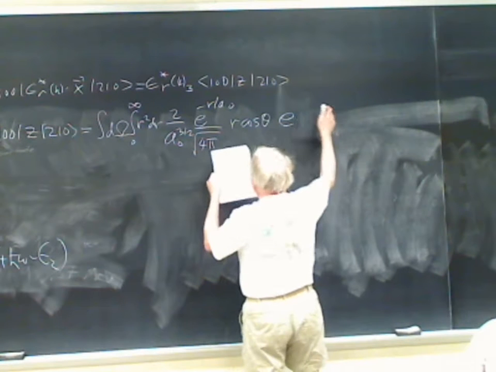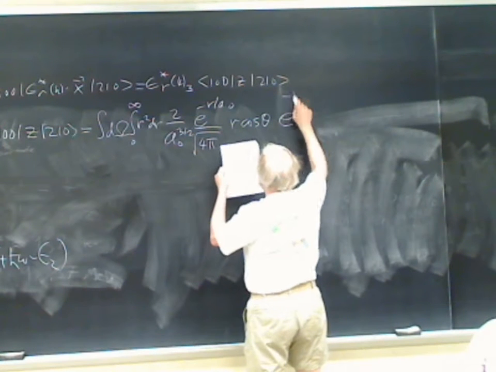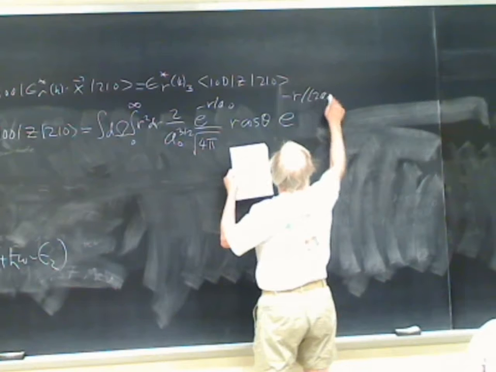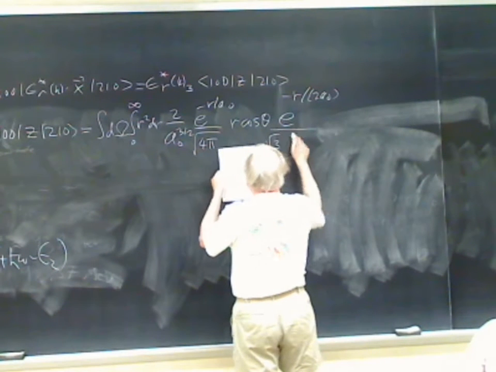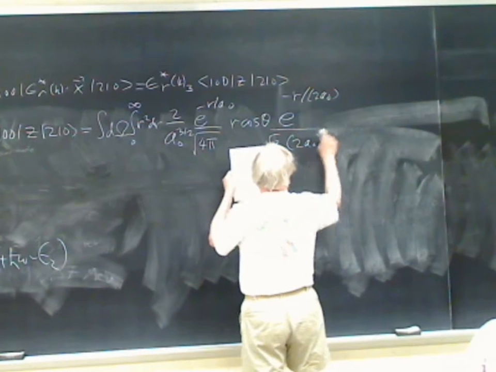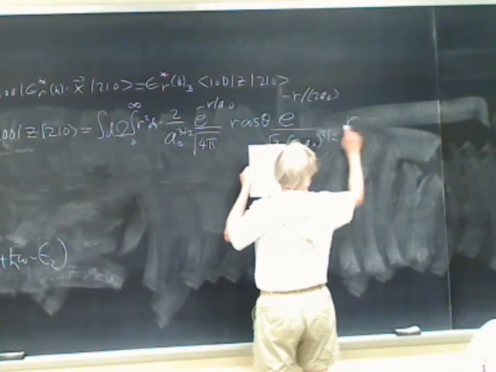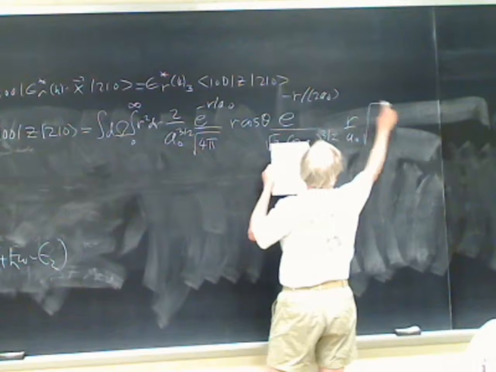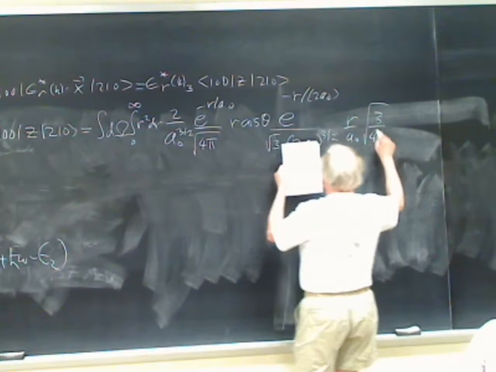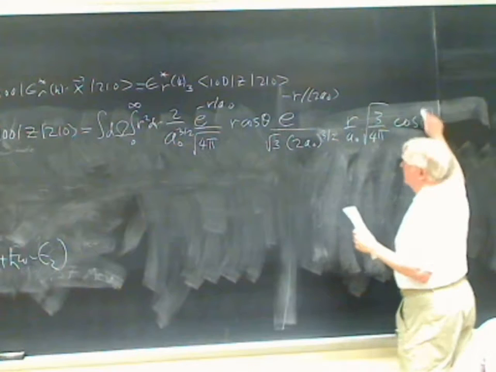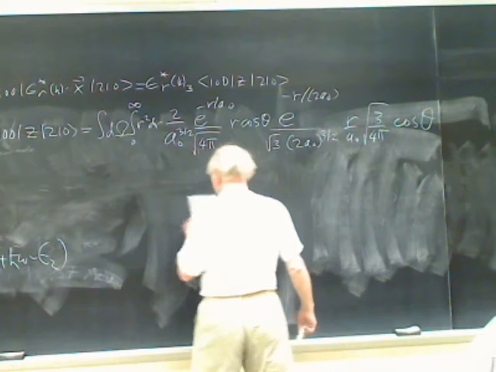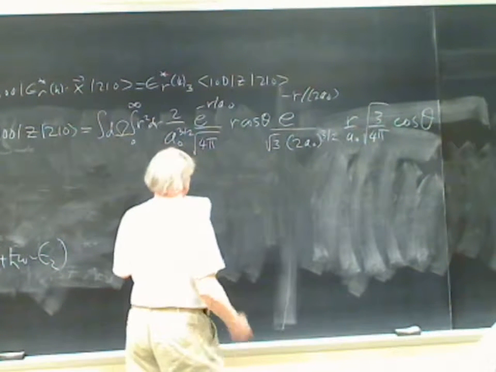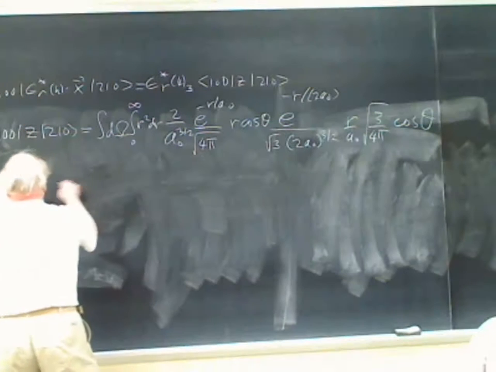And then the R21 is e to the minus r over 2a0 divided by root 3, 1 over 2a0 to the 3 halves, r over a0, times square root of 3 over 4 pi cosine theta. And I think I've got everything in there. Okay.